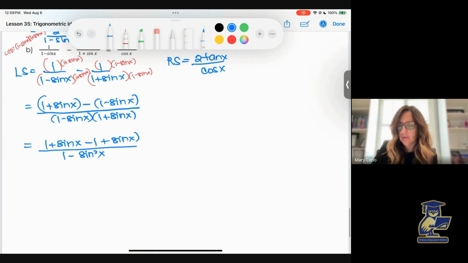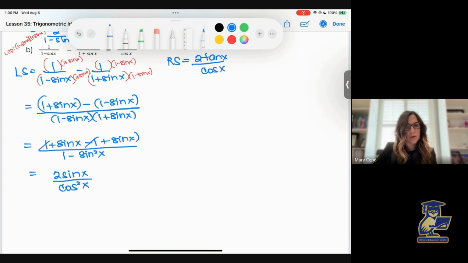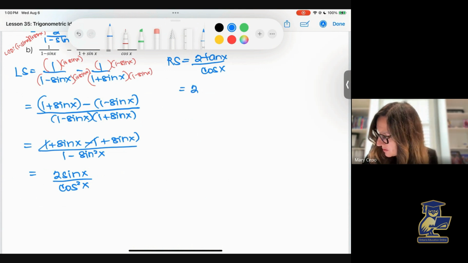And the reason why, notice on the right side, cosine x is in the denominator. So this does become 1 plus, those ones cancel out. So it's 2 sine of x all over cosine squared x. All right, let's see if we can work on the right side. So it's going to be 2 times sine of x cos of x divided by cos of x.